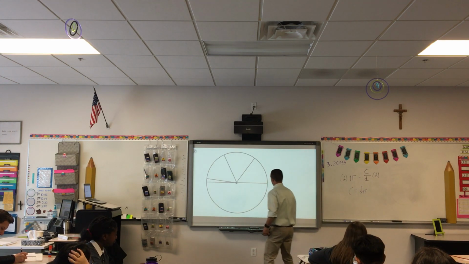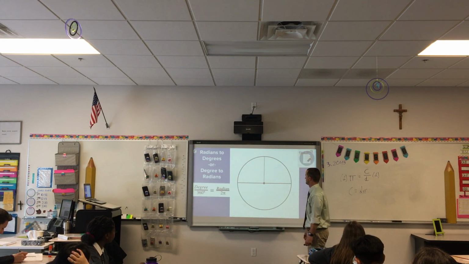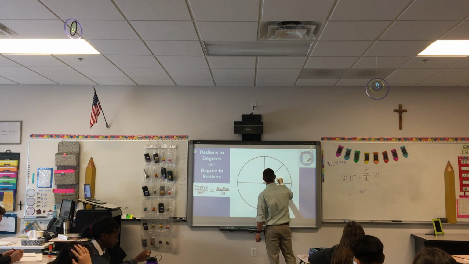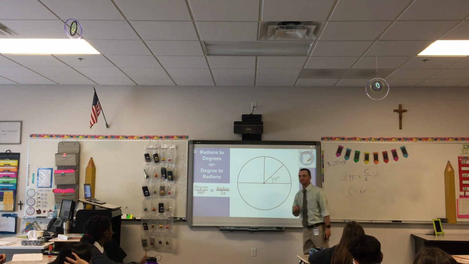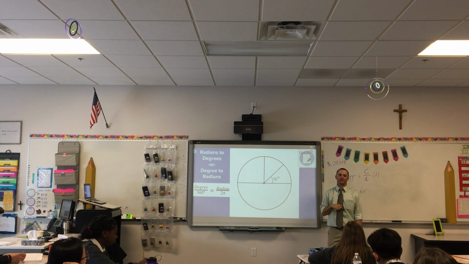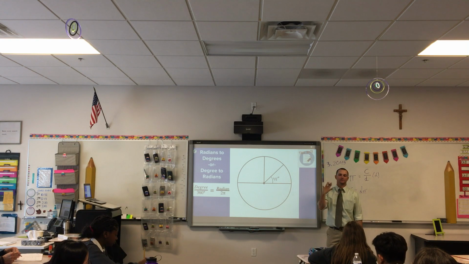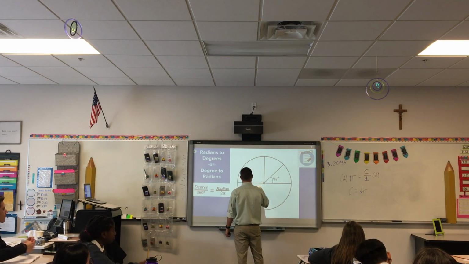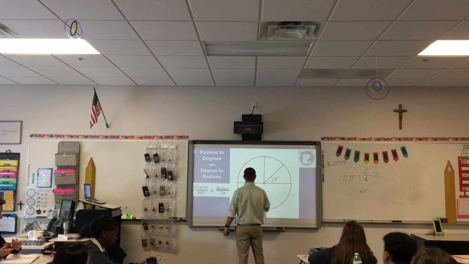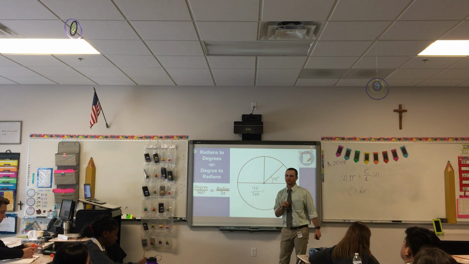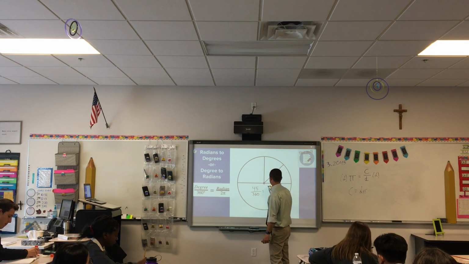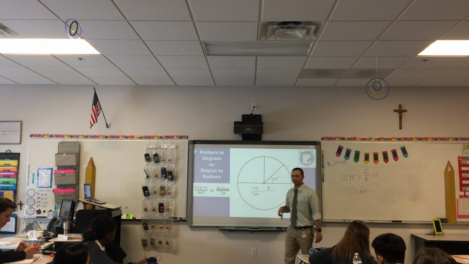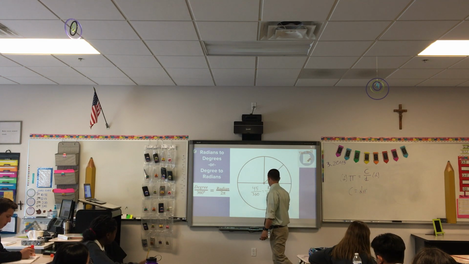So if this here is 45 degrees, and I want to figure out how many radians is 45 degrees, I would take 45 over my total, 360, and set that equal to the radians, which I'll call big R, over the total number of radians, which is 2 pi.